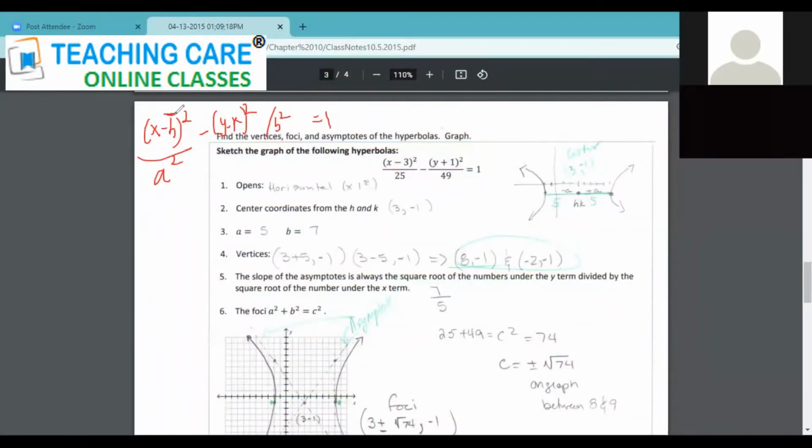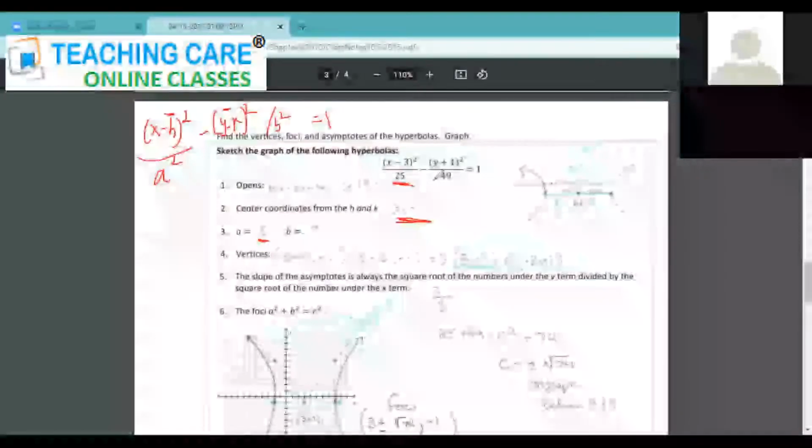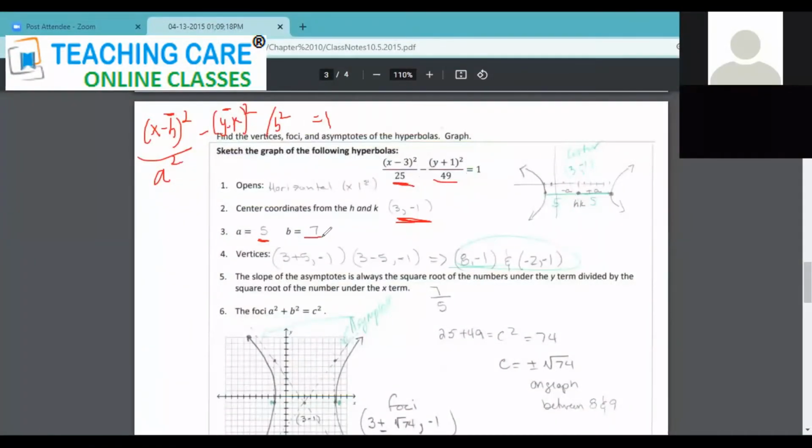Comparing with this, h is 3 and k is negative 1. The a squared is 25, so a is 5. This is 49, so b squared is 49 and b would be 7.